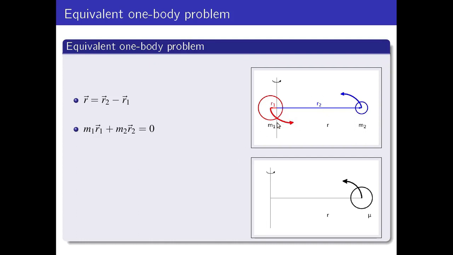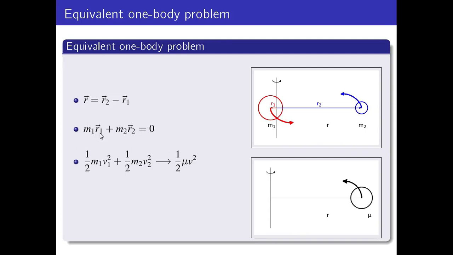And the total kinetic energy of these two bodies is equal to this one. And we need the equivalent of this kinetic energy in the equivalent one-body problem. One can write it as 1 over 2 mu v squared. Here mu is the mass of this body and v is the time derivative of r.